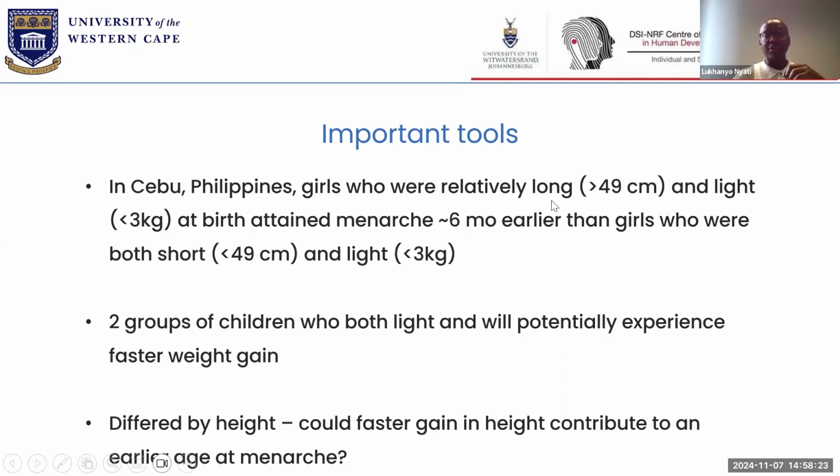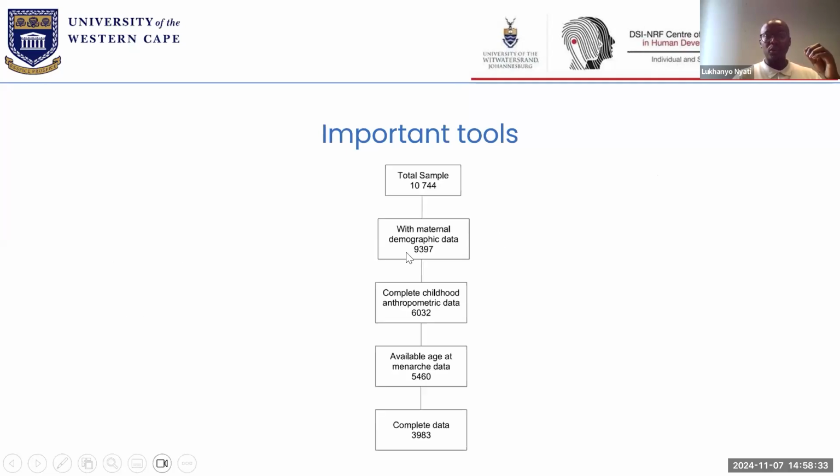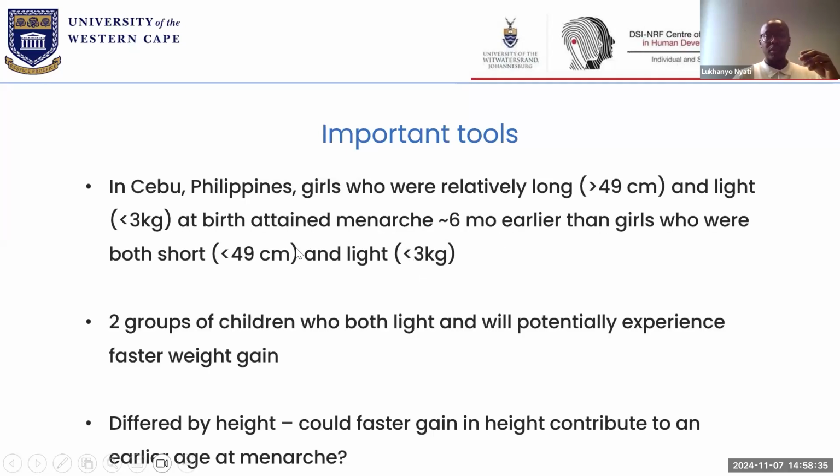In this particular study, they found that those who are taller and lighter had a 6-month earlier age at menarche compared to those who are shorter and lighter.